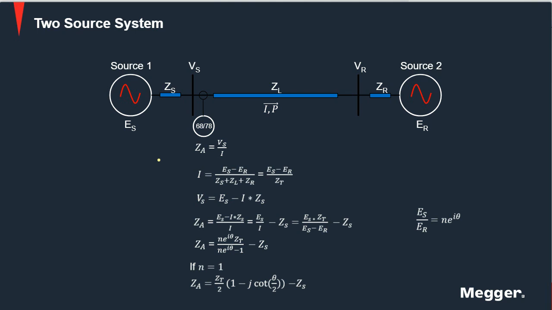So what I want to see is what happens with the impedance seen by a protection relay that is located in this area here.